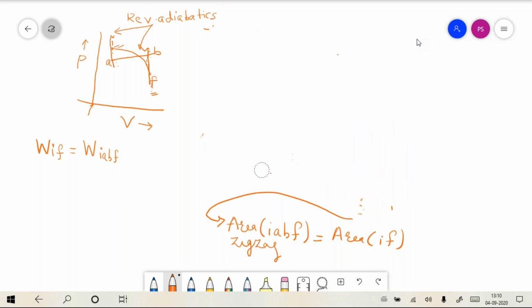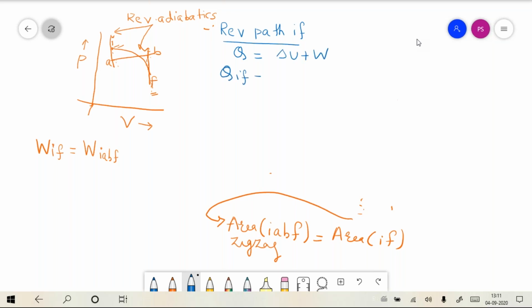It is Q equal to delta U plus W, as applied to a process.